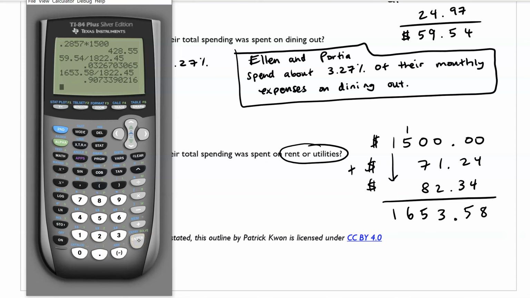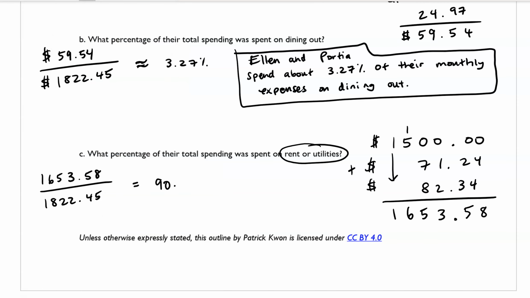And so that's giving us 90.73%. So about 90.73% of the spending is on rent or utilities.